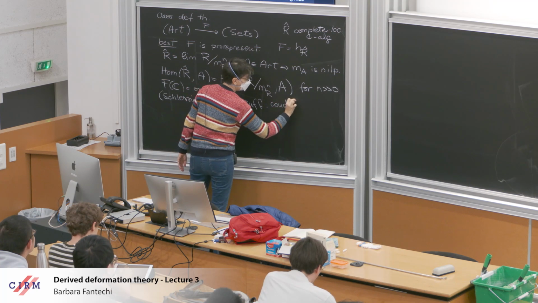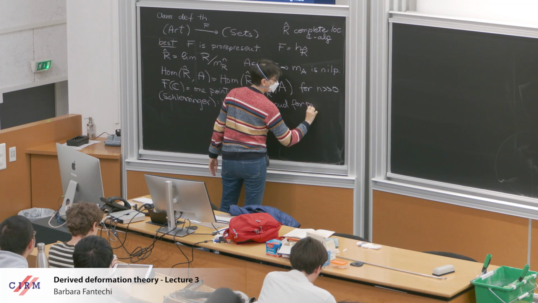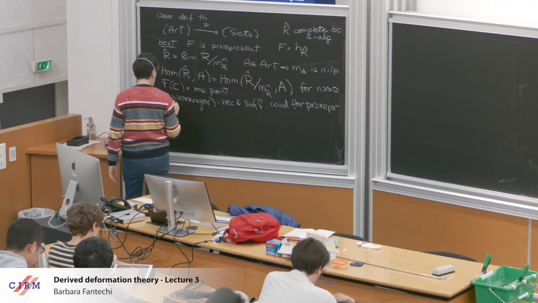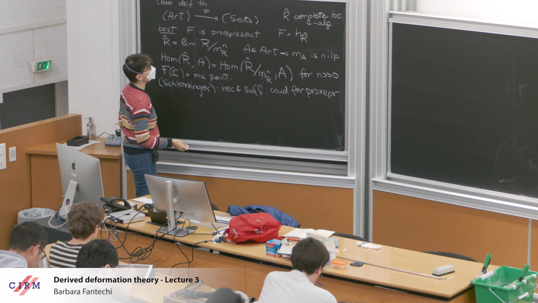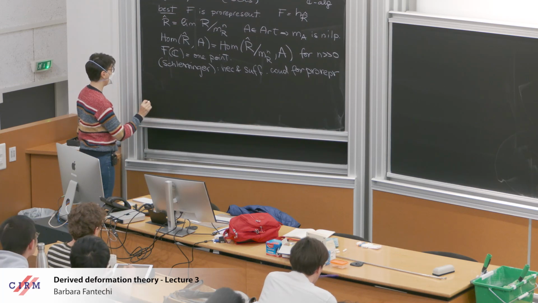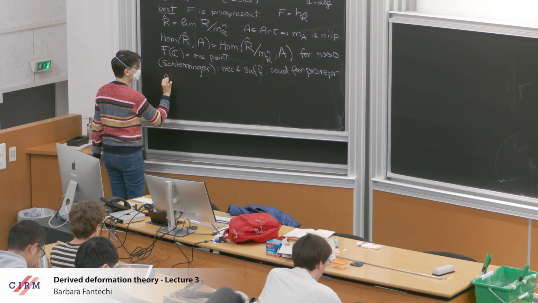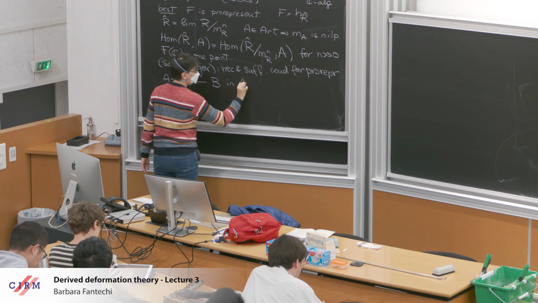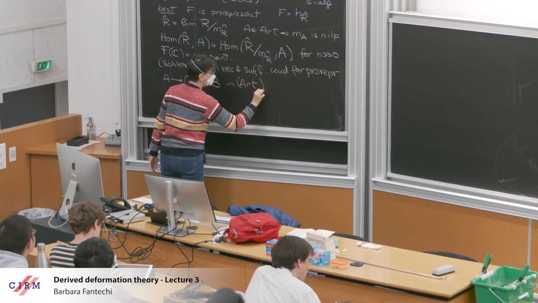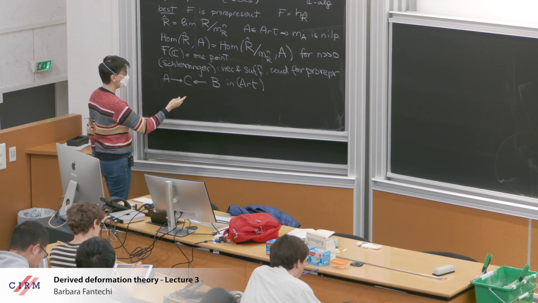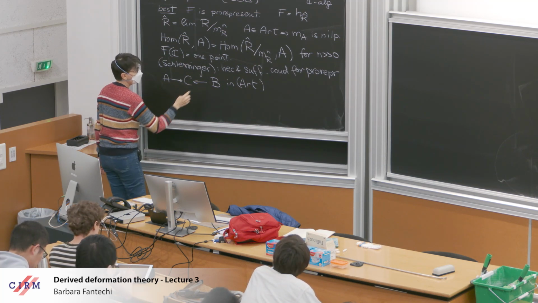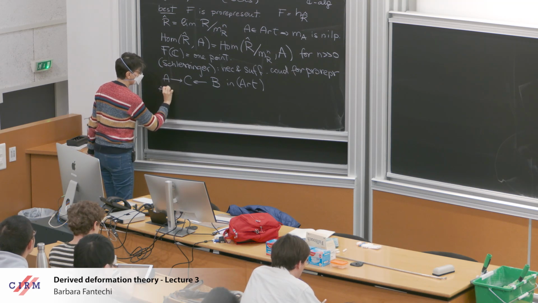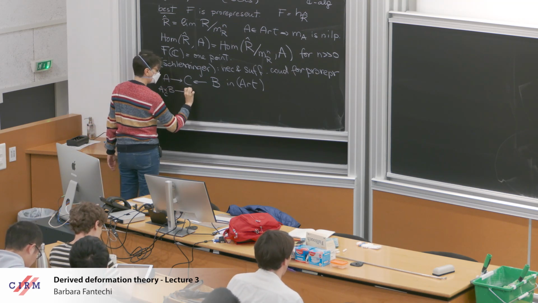conditions for pro-representability. In particular, these conditions take the following form: if you have morphisms in Rt, and of course Rt is a category with fiber products, so you can do this.